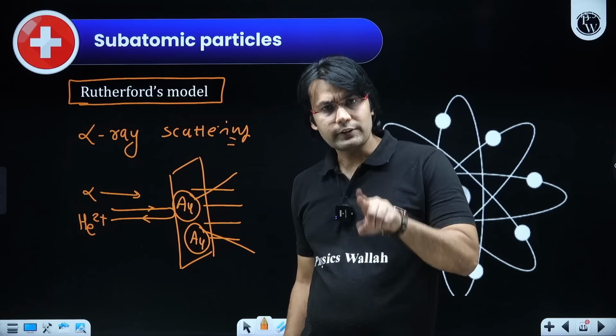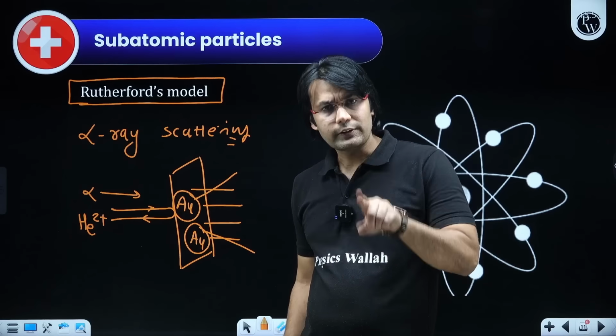It can be 1, 2, or 2, 3, or 1, 4, any two orbits. One orbit is closer to the nucleus and one is away from the nucleus. The orbit closer to the nucleus I am calling the inner orbit, N1, and the one away from the nucleus I am calling the outer orbit, N2.